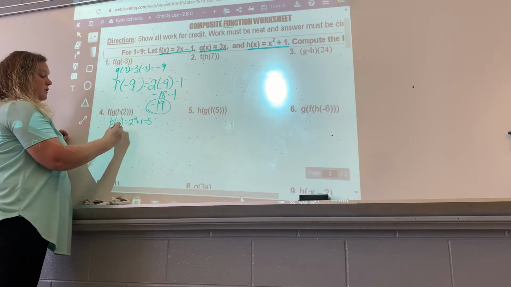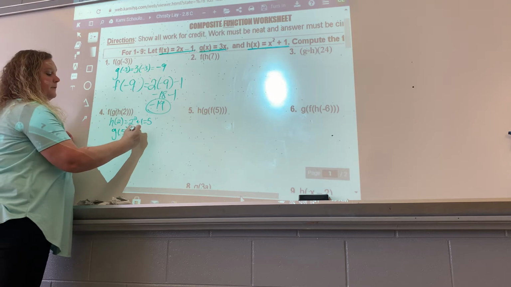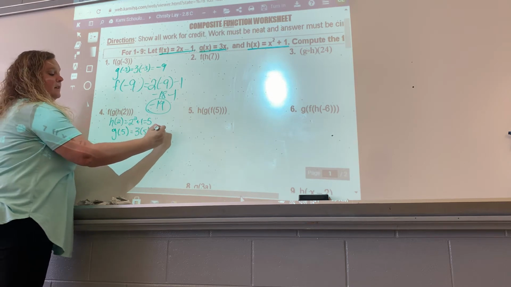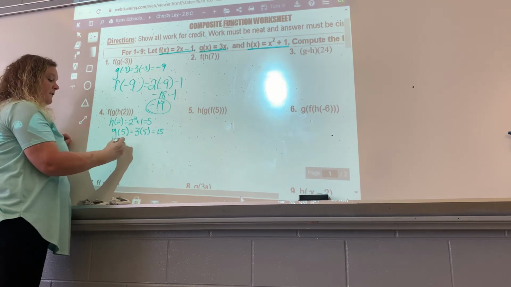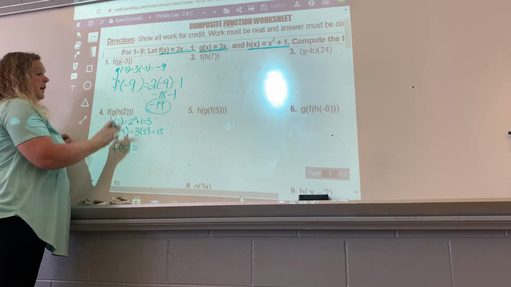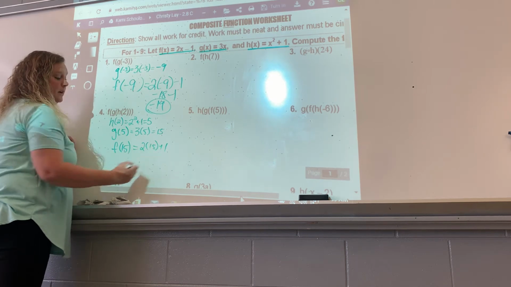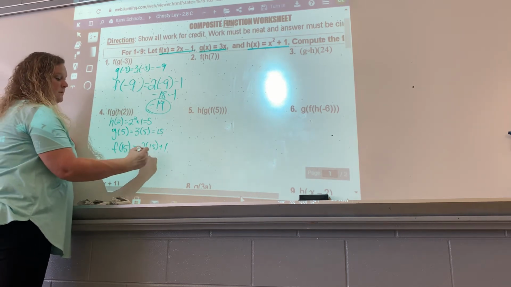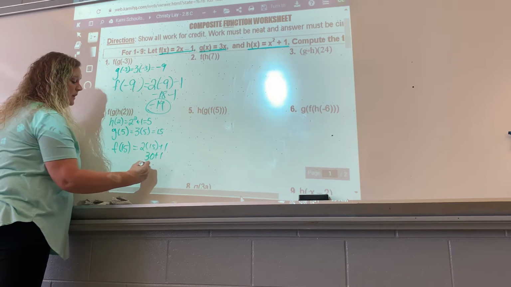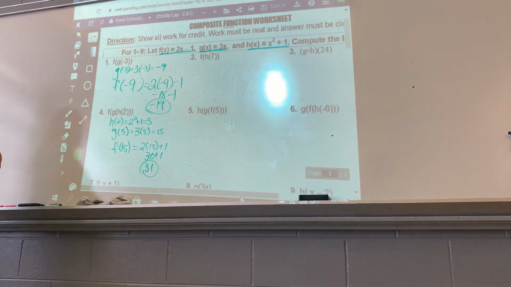So now I'm going to go to the g equation and use that answer. So g of 5, 3 times 5 is 15. So now I'm going to go to the f equation and use that answer. And f is 2x minus 1, so 2 times 15 minus 1. 2 times 15 is 30. 30 minus 1 is 29. So the final answer is 29. Okay?